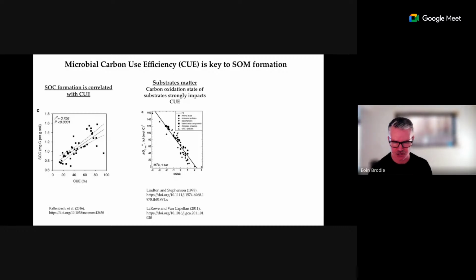Now, there's costs associated with that. It requires more energy to break those bonds. Microbes have to make enzymes, etc. So it's not as straightforward, but generally speaking, things like lipids and things with a lot of carbon-carbon bonds are more electron dense, and their use is more efficient if the microbes have the machinery to get at that carbon.